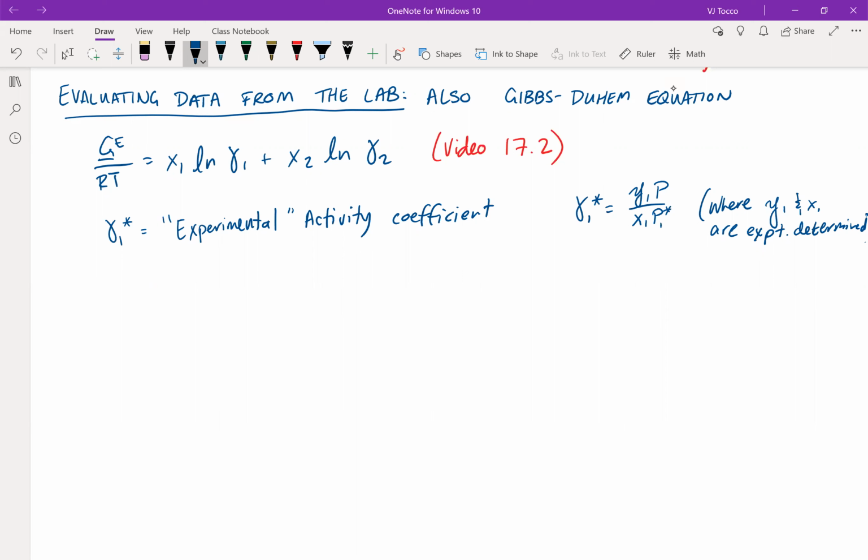So for the experiment, you can write the following. GE star over RT, the experimentally determined excess molar Gibbs energy, equals x1 ln of gamma 1 star plus x2 ln of gamma 2 star. All right, so this is all for the experimental.